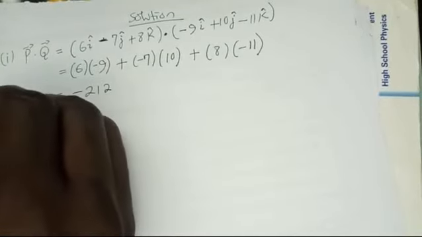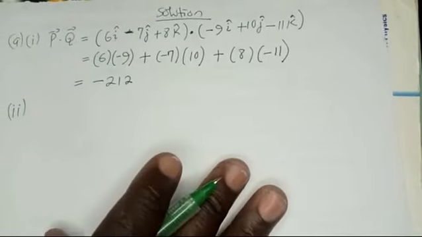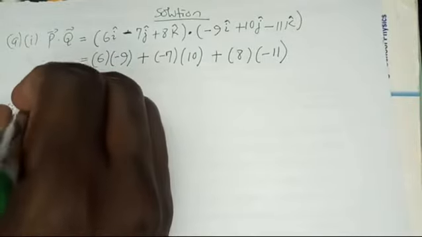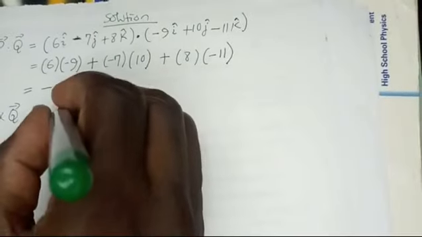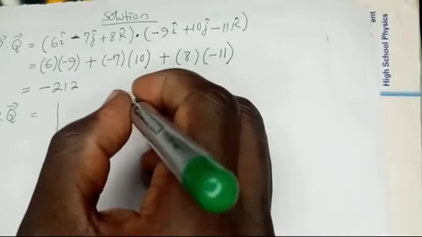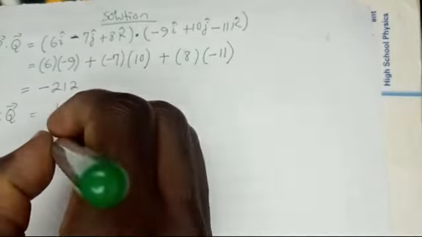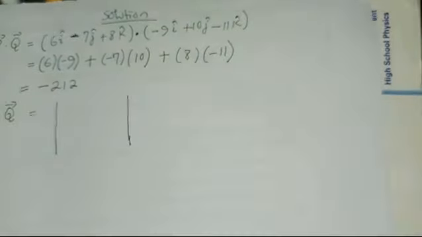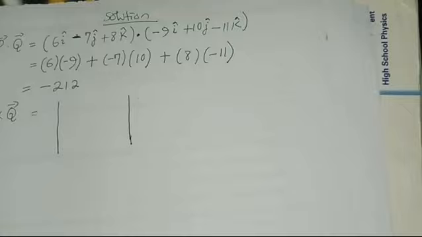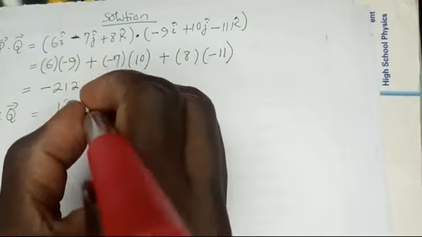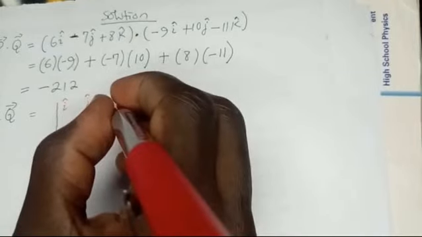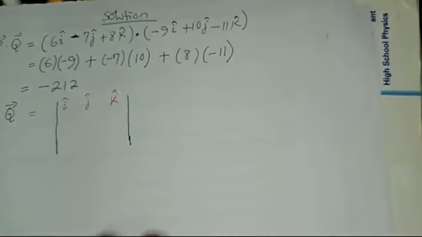Roman number 2 says we should get the cross product of P and Q. P cross Q is equal to, now I like this one so very much. What we will do now is write I cap, J cap here, and then K cap here.